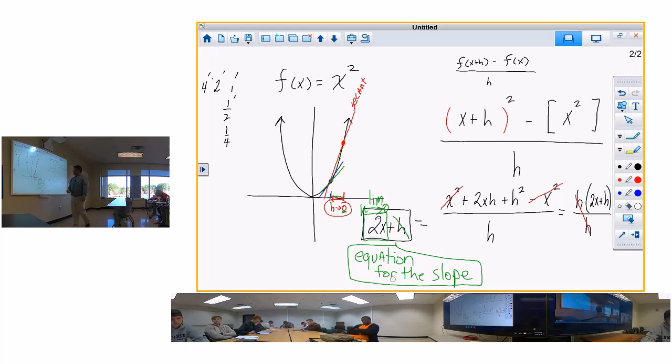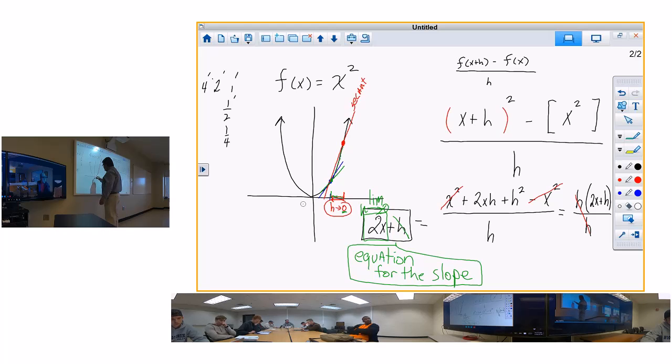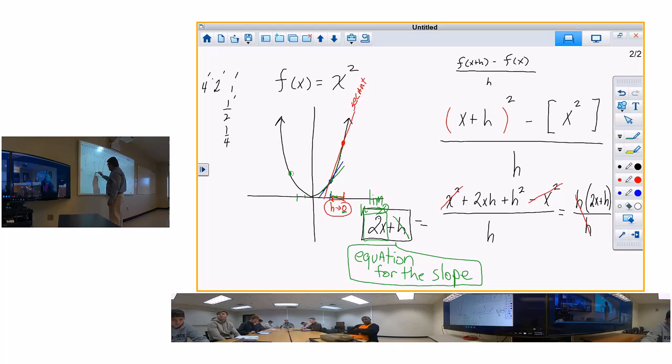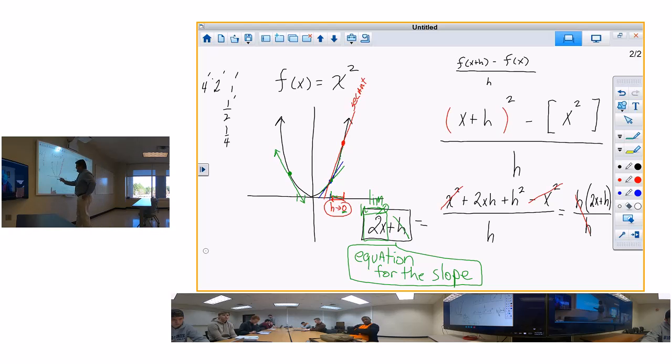Now, look here. Let's say that this point right here, -1, -2, -3. Let's go with -3. All right? I want to draw a line right here. Now tell me the slope of that green line. Well, this point right here is -3. -3 times 2 is what?